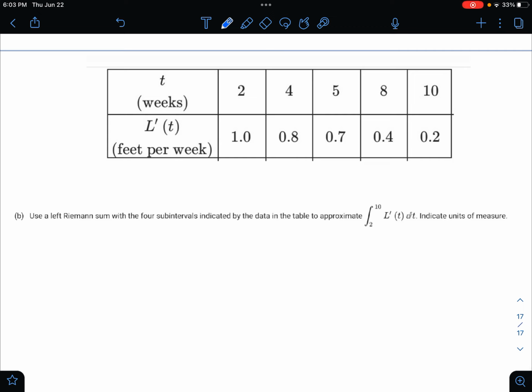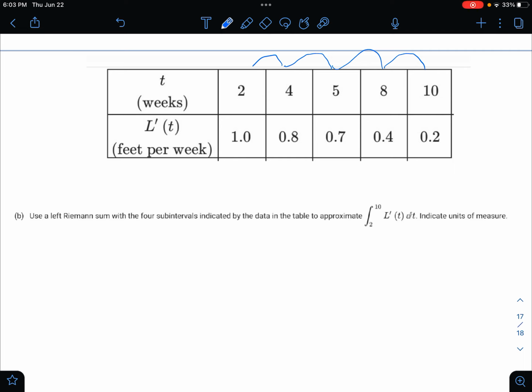So let's do this left Riemann sum problem. Since it's giving us 4 subintervals, let's count this out, right? So 2 to 4, 4 to 5, 5 to 8, and 8 to 10. Since we have 4 bumps over here, we know we have 4 subintervals. The first step is the same as the right Riemann sum.